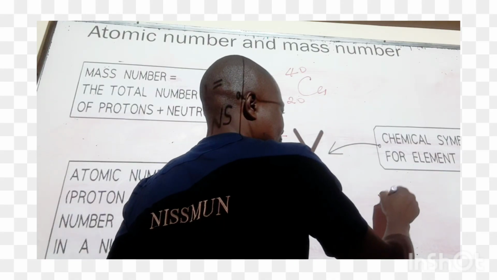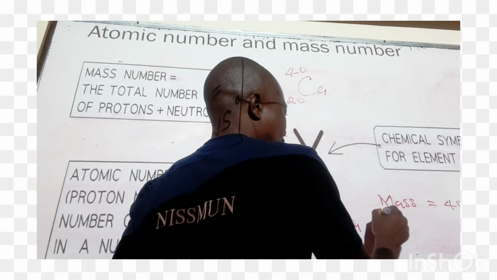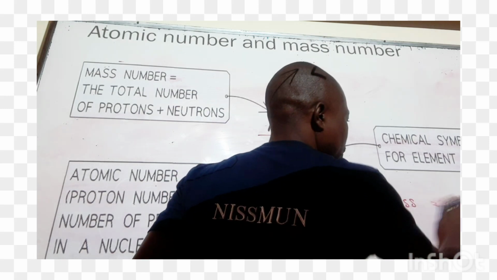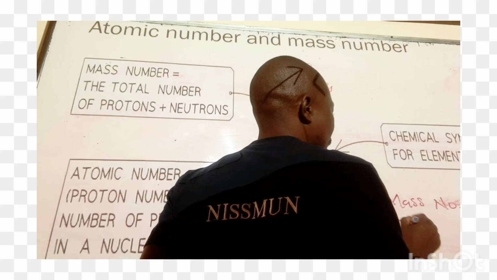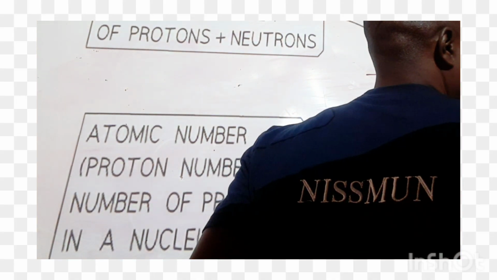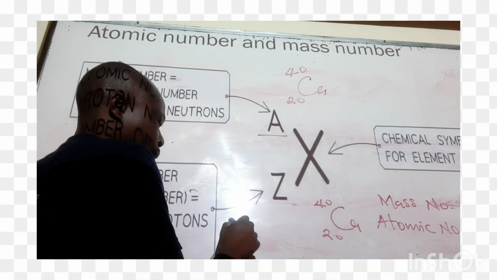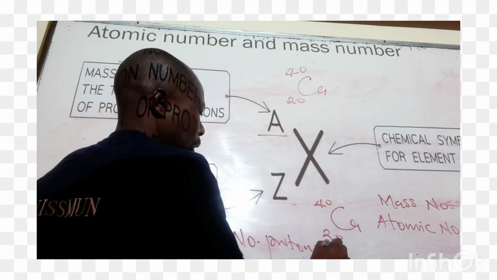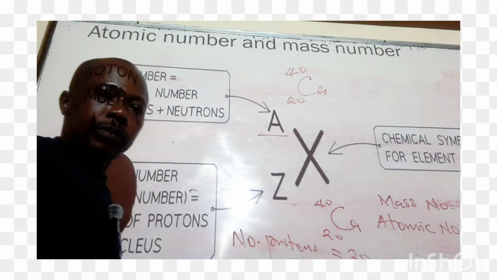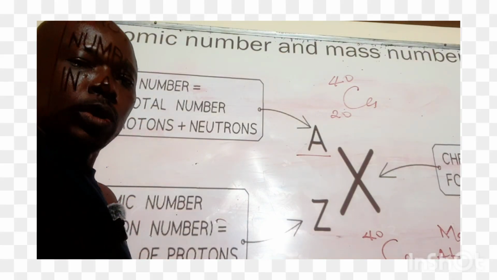Since the mass number equals 40 and the atomic number equals 20, it means that the number of protons in this atom is equal to 20.